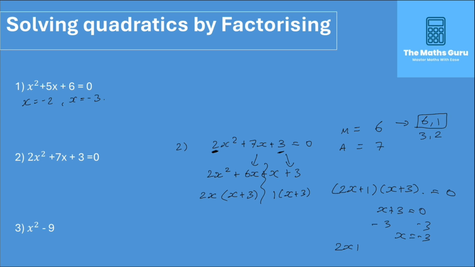With 2x plus 1, we see that our x is being first times by 2 and then added to 1. To get rid of the 1 first is the way we go. So 2x is equal to minus 1, leaving x equal to minus a half because we divide through by 2 on both sides of our equation. So the solution here is x equals minus 3 and x equals minus a half.